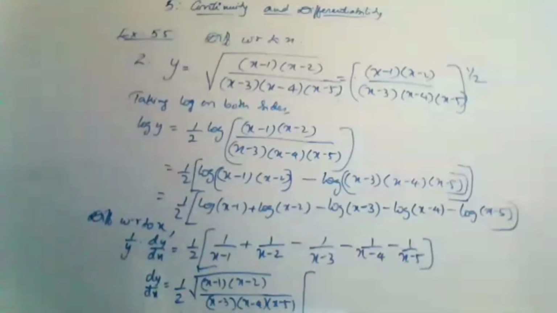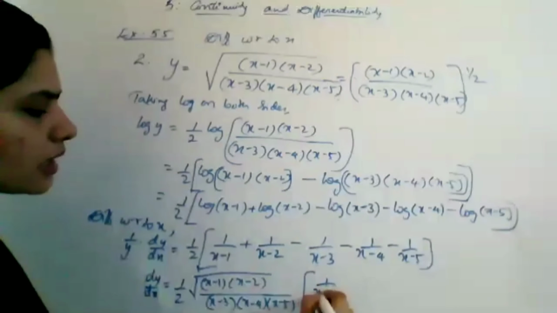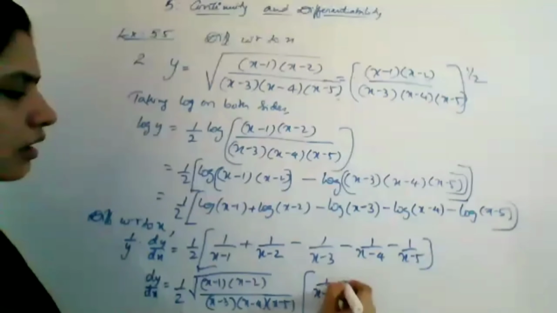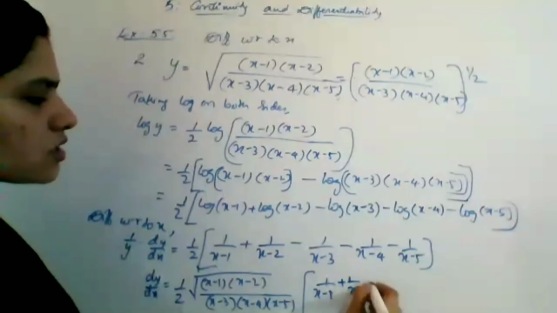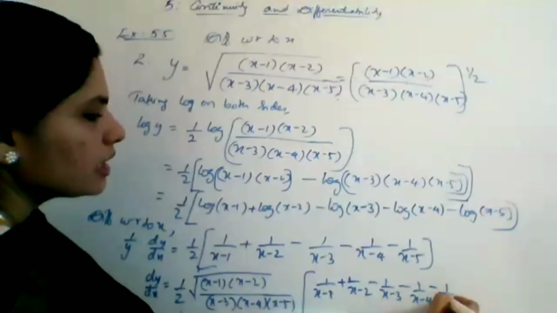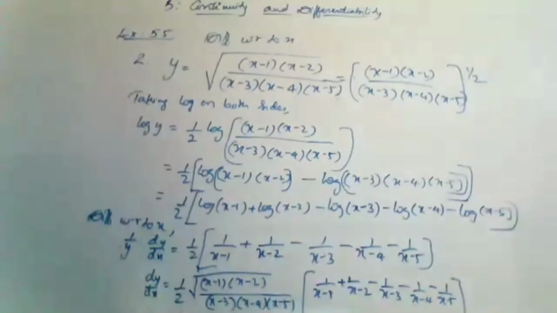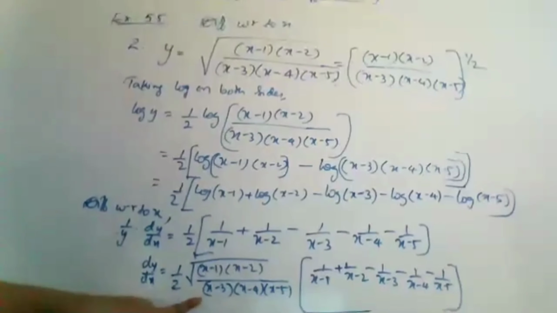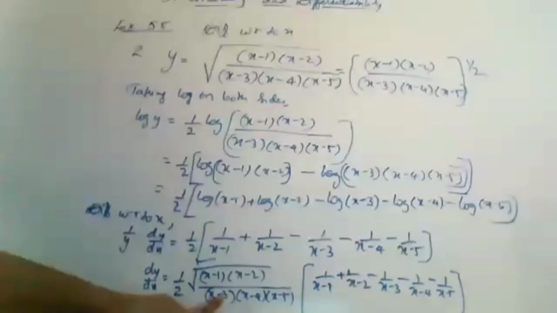And inside the bracket, the whole term: 1 by x minus 1 plus 1 by x minus 2 minus 1 by x minus 3 minus 1 by x minus 4 minus 1 by x minus 5. Okay, you can just stop here because further simplification will not remove this term. This will be there itself.